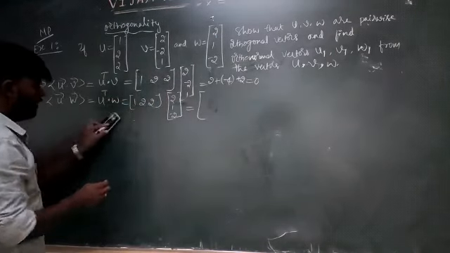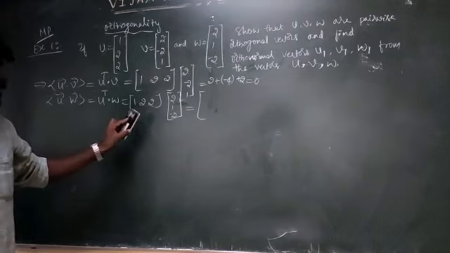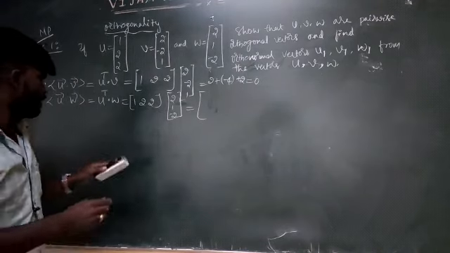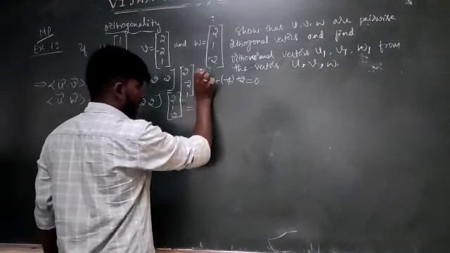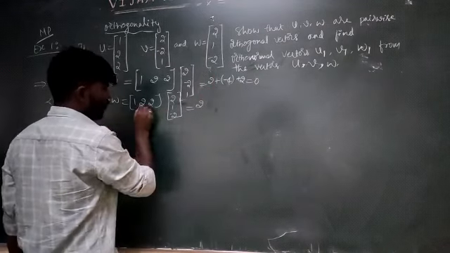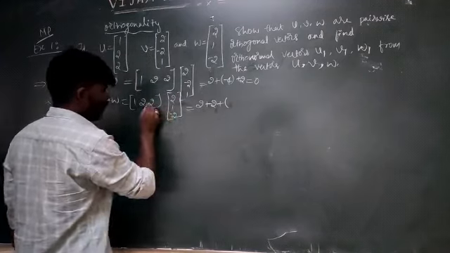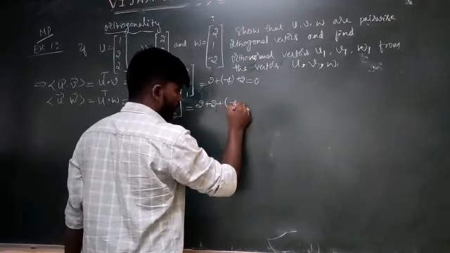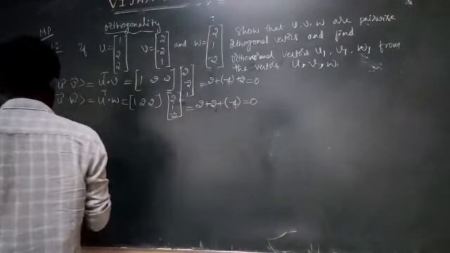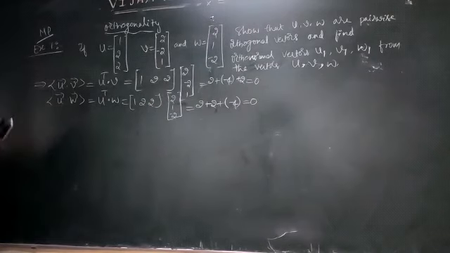Dot product means multiplication: 1 into 2 is 2, 2 into 1 is 2, and 2 into -2 is -4, which gives 0. Therefore, u and w are also orthogonal.